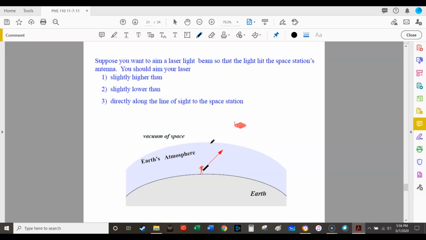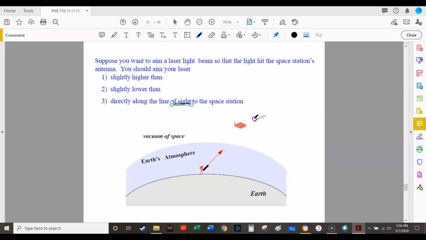So you're going to aim a laser beam at where a UFO appears to be, okay? So suppose you want to aim a laser beam and hit a space station antenna. Should you aim your laser beam higher, lower, or directly at where you sight the space station?